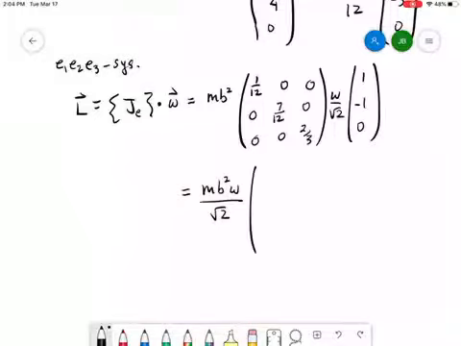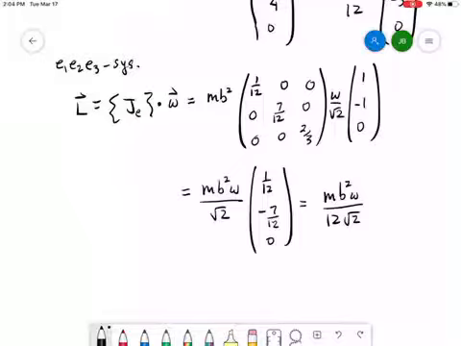And what do we get? This is pretty simple, actually. We get 1 over 12, and then minus 7 over 12, and then 0, which is m b squared omega over 12 root 2, 1 and minus 7 and 0.